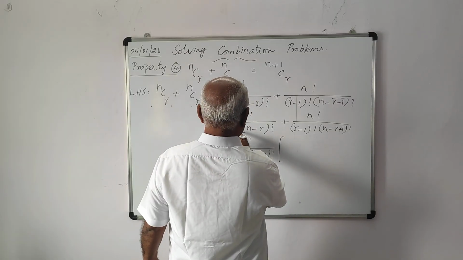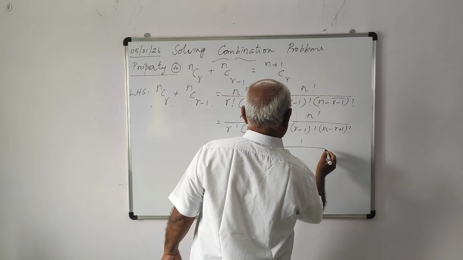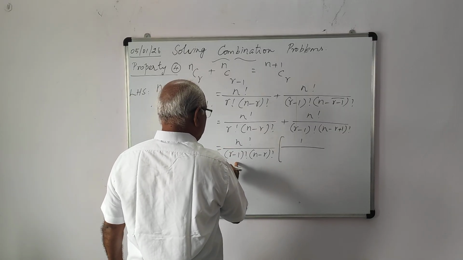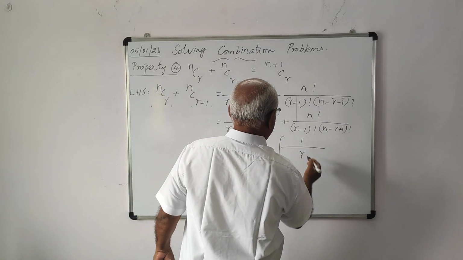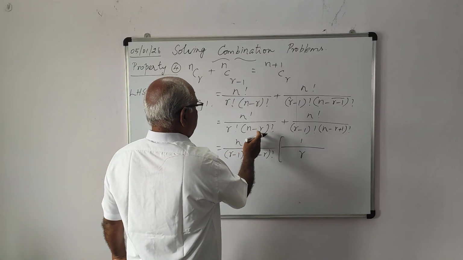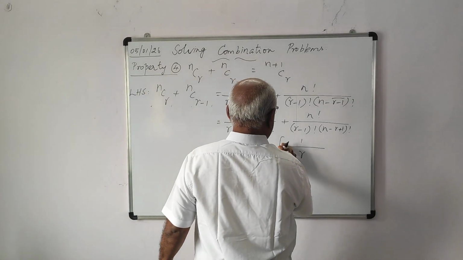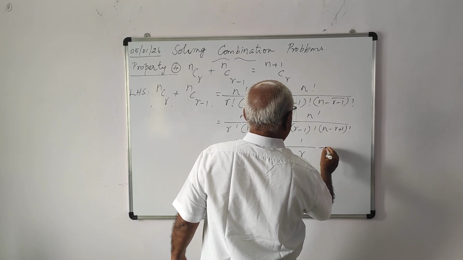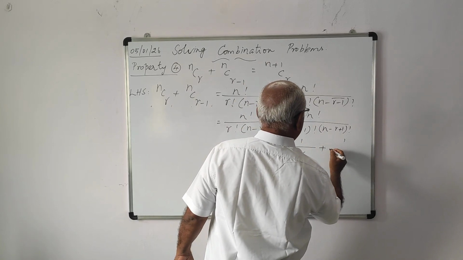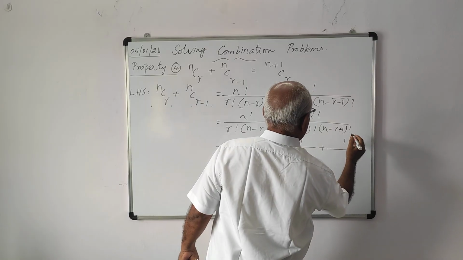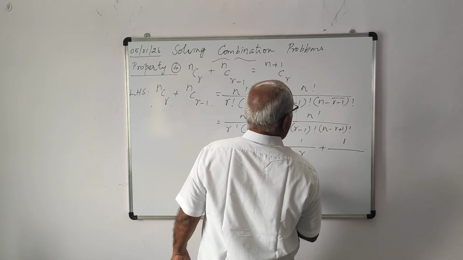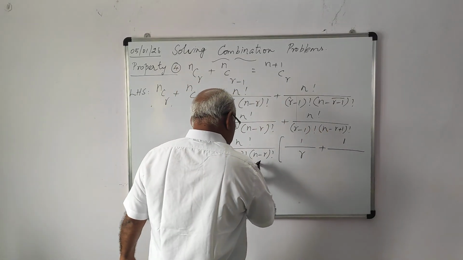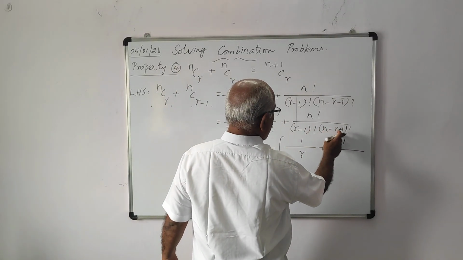So the terms remaining: in the numerator, 1, because you can take n factorial common. In r factorial, you can take r minus 1 factorial as a common term, you will get 1 by r only. And n minus r factorial you can take common. Similarly, plus numerator, you can take n factorial as a common term, so you will get 1 in the numerator. r minus 1 factorial you can take common, and n minus r factorial is also taken common from n minus r plus 1 factorial.